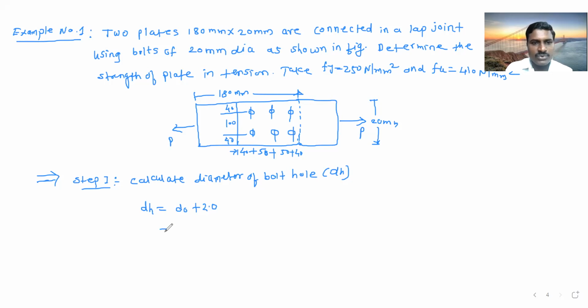So D naught is 20, plus 2 is equal to 22 mm, the diameter of the bolt hole. Okay, so this is step 1.